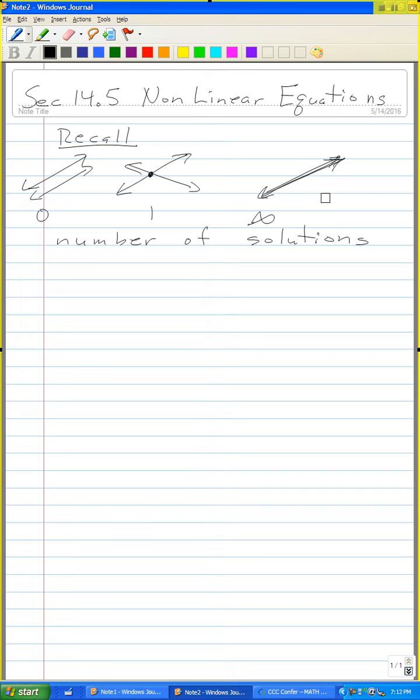Now let's suppose instead we have nonlinear equations. We can have a whole bunch of differing amounts of solutions. So suppose I have, let's say, a parabola and maybe an ellipse.